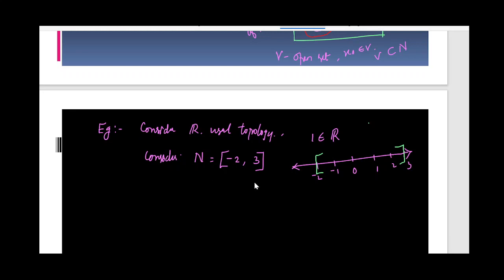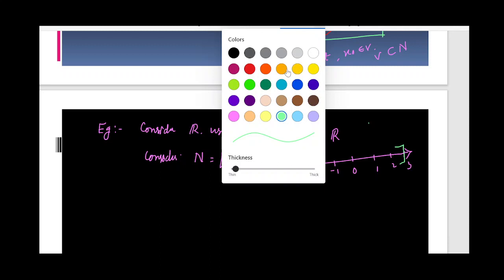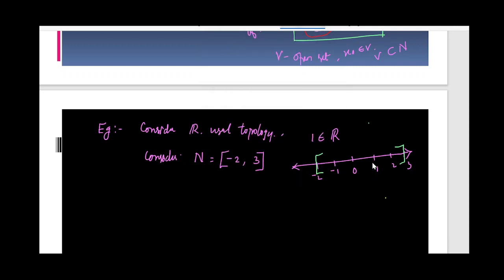Next, what do you want to see? We want to see whether there exists an open set which is completely contained inside your N and which contains the point 1. Suppose I am taking an open set here, suppose the open set (0, 2). It is contained inside your N. So I can take my V as the open interval (0, 2).